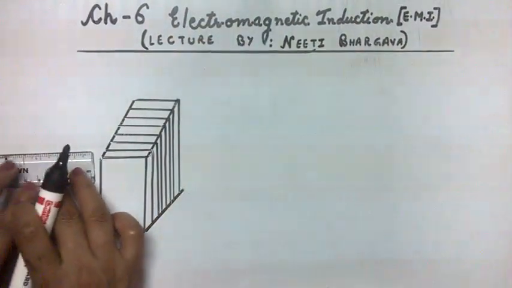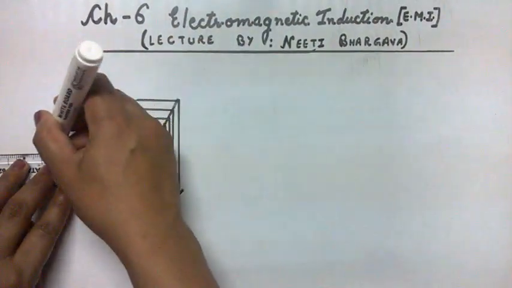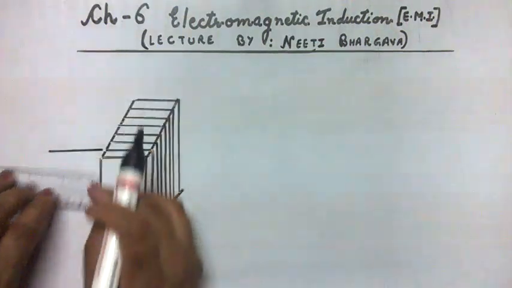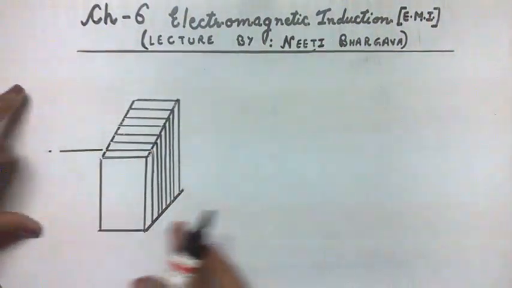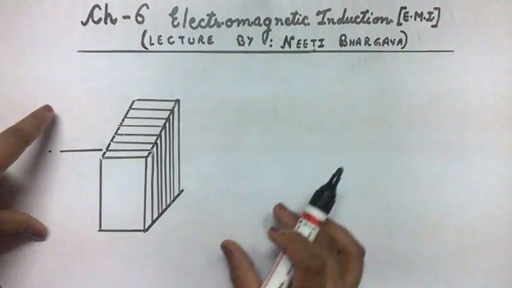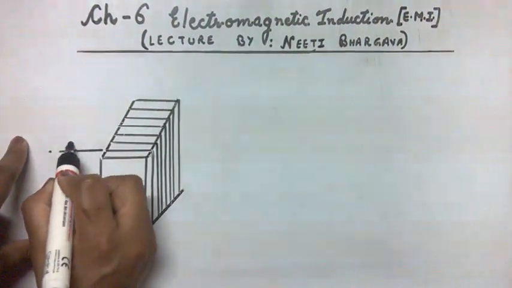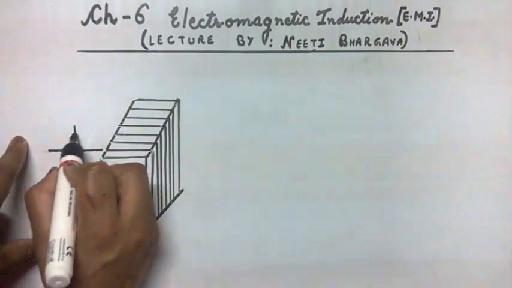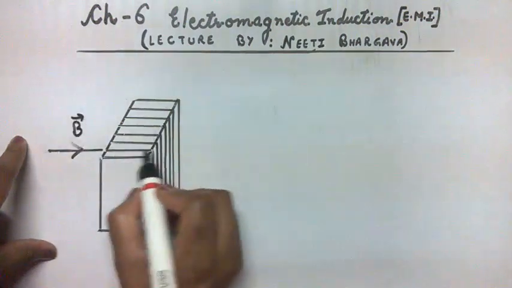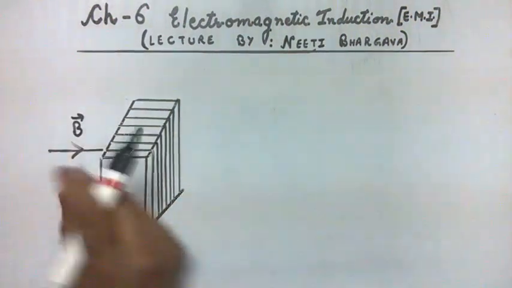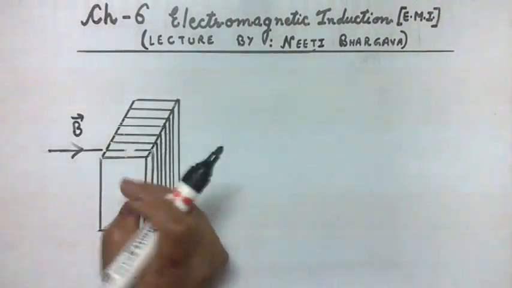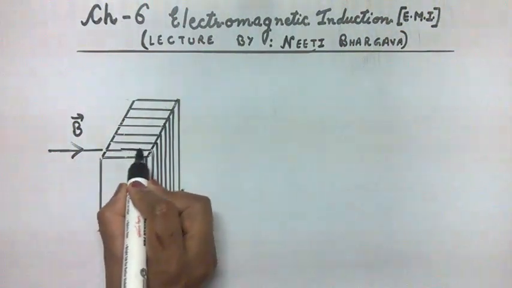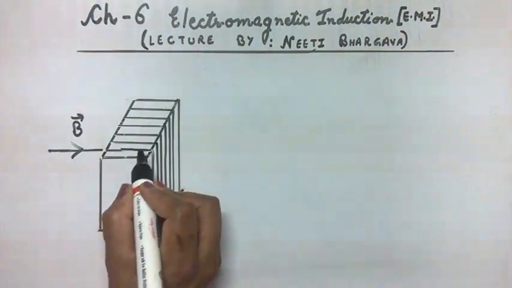The magnetic field lines are parallel to it. That is, if poles are placed here, then the north pole will be at this side, and these are the laminations which are insulated from each other.